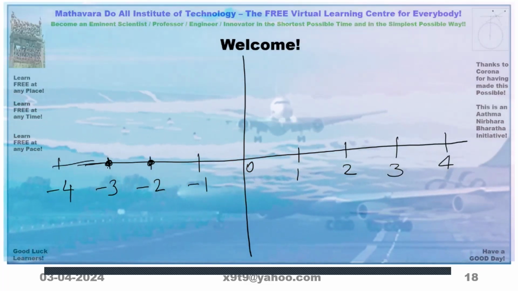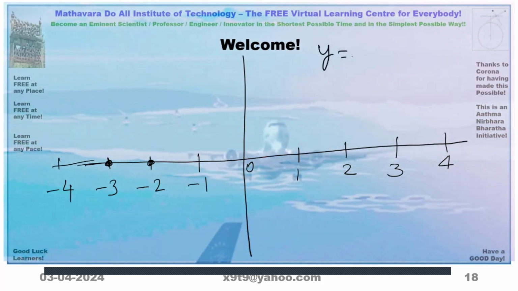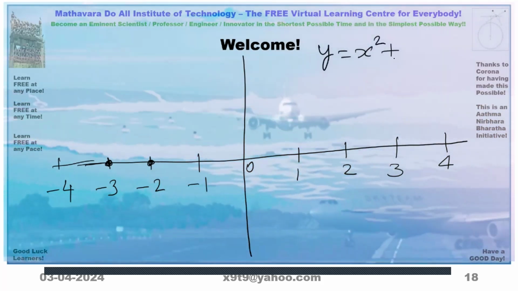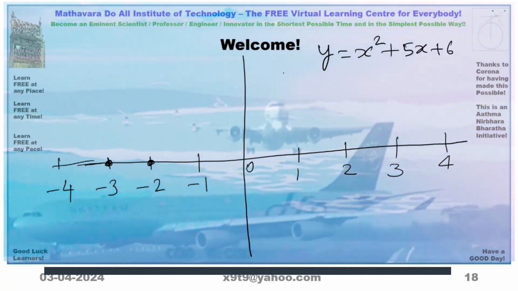If you want to plot the graph, what you have to do is take y equal to x square plus 5x plus 6.